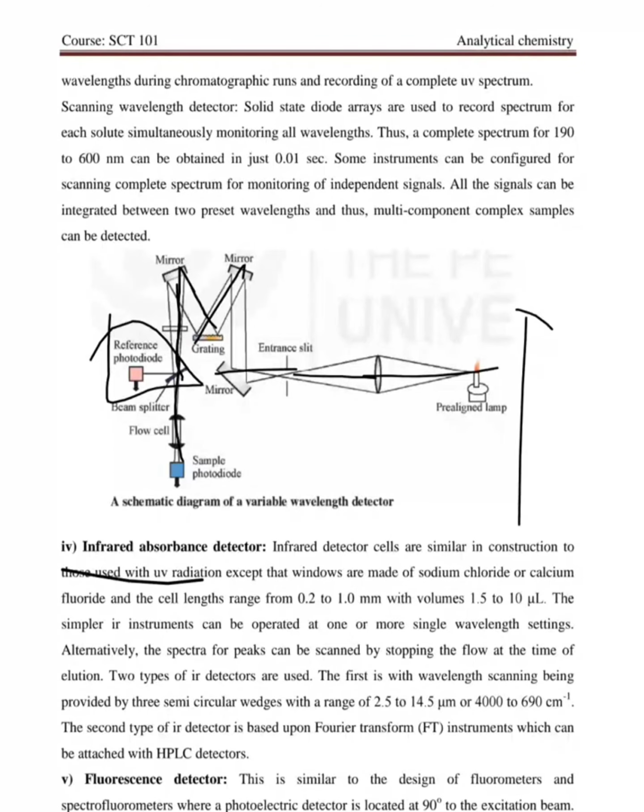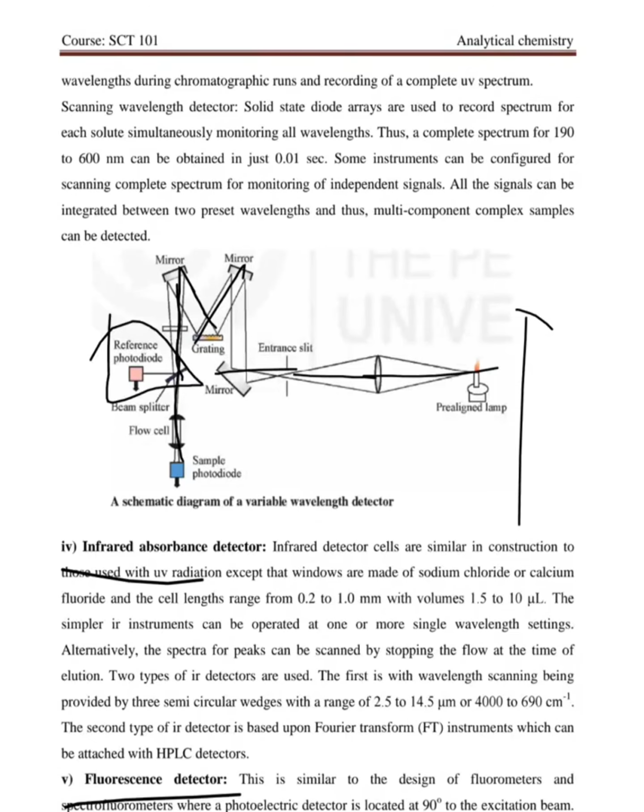The volume of 1.5 to 10 microliters can be determined using infrared absorption detectors, and the range of 2.5 to 1.5 micrometers can be determined. Next are the fluorescent detectors.